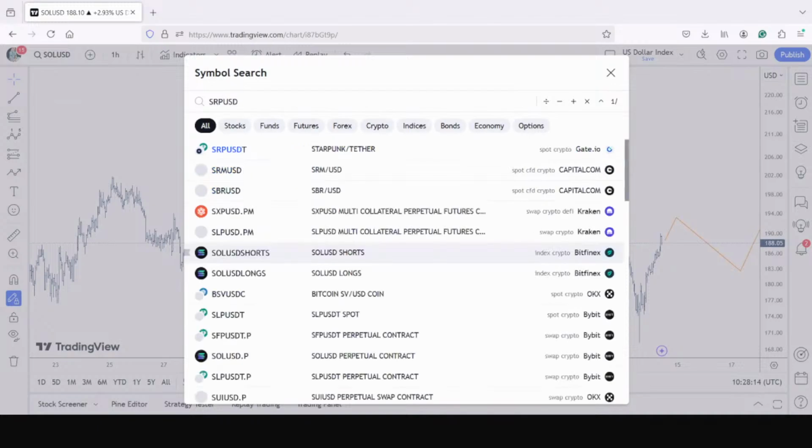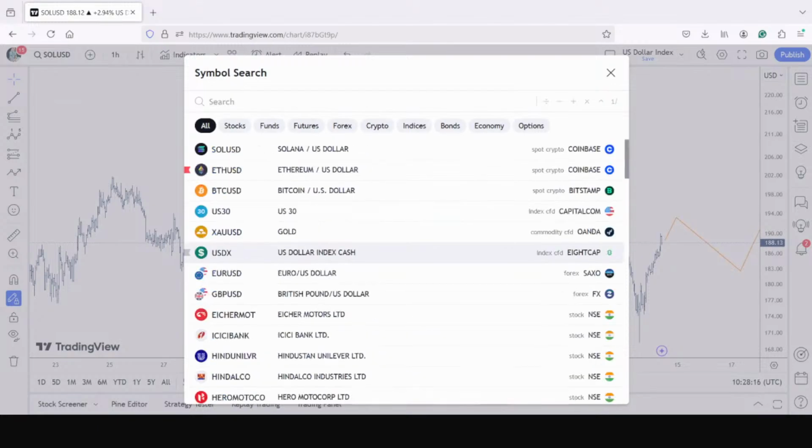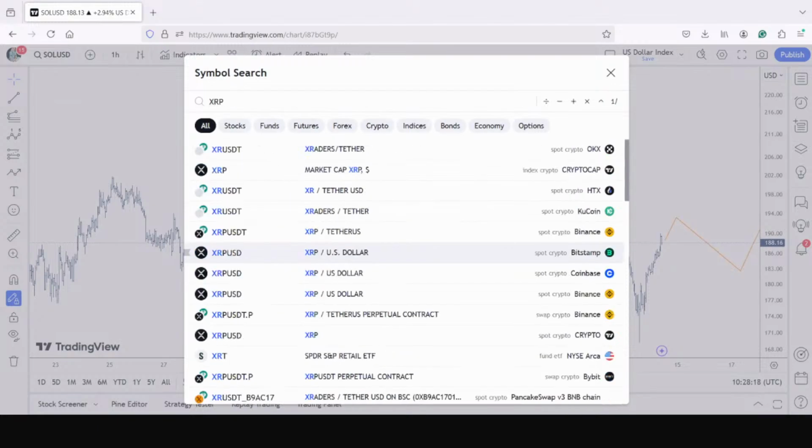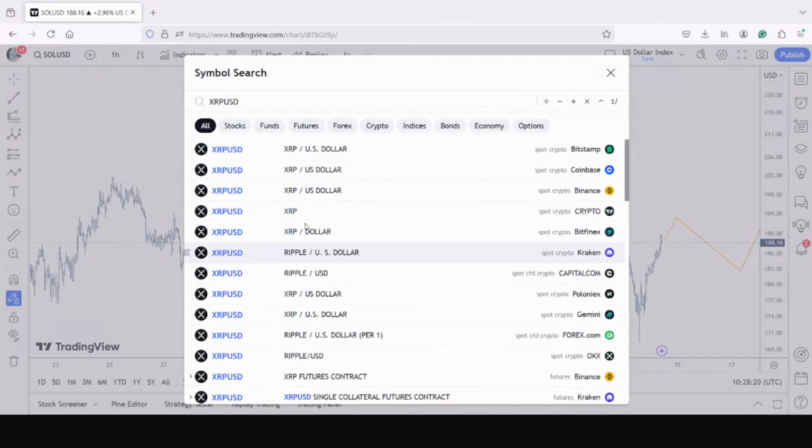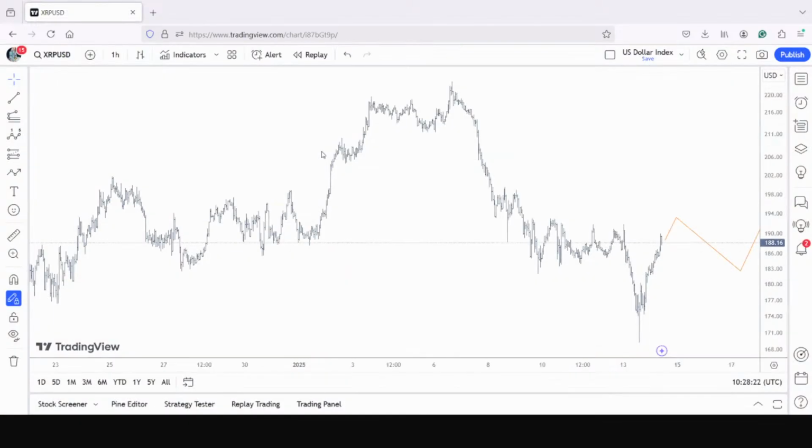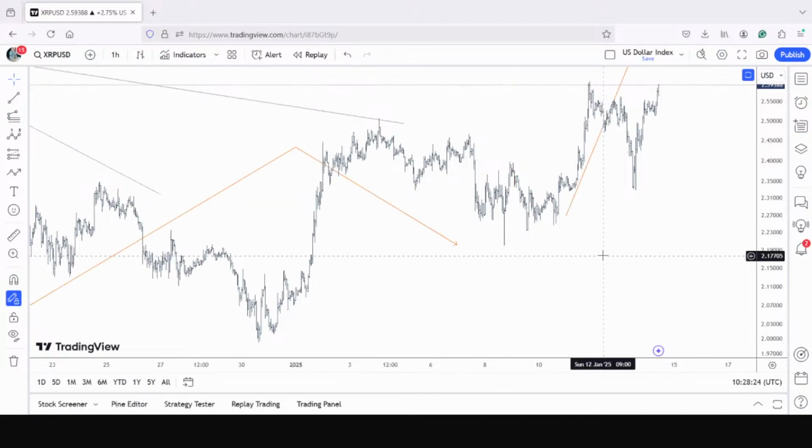And Ripple. Can you count five here quickly? One, two, three, or maybe four, and the fifth wave is going on. So Ripple is also on its way.